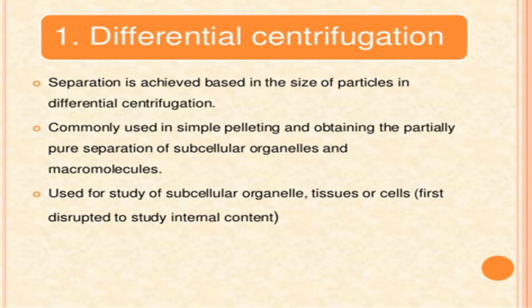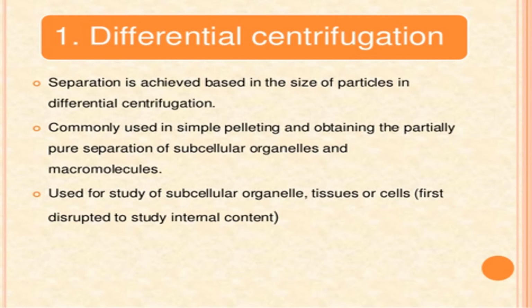For example, when we centrifuge a mixture containing different substances, in the first run we separate component number one, and then the supernatant is centrifuged again to get a second component of the mixture. Then from the pellet we take the subcellular fraction and centrifuge it again, so successive centrifugation is done.